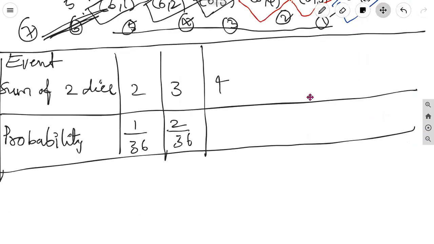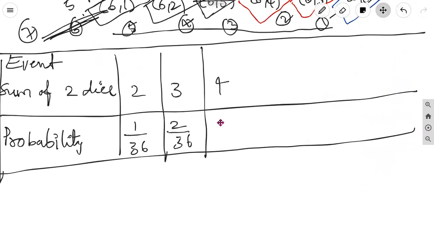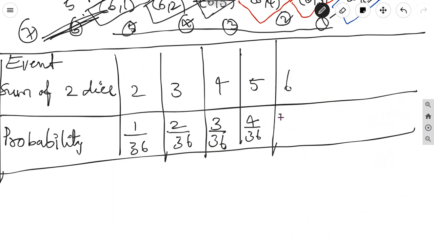Here sum 4 is 3 by 36. Sum 5 is 4 by 36. Sum 6 is 5 by 36. Sum 7 is 6 by 36.